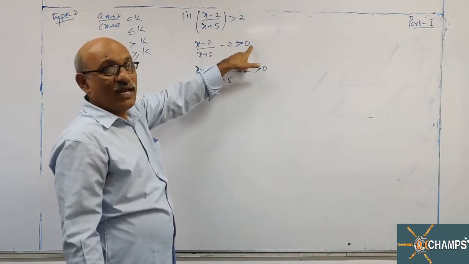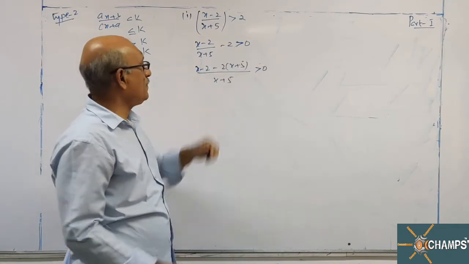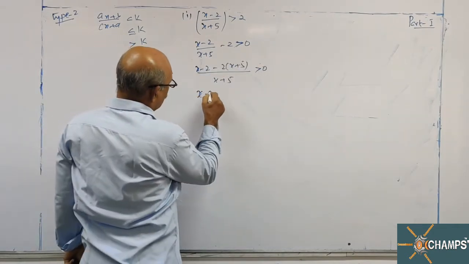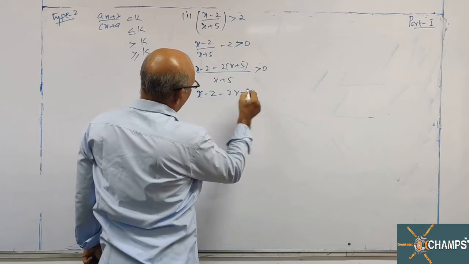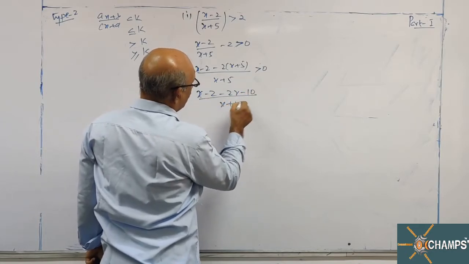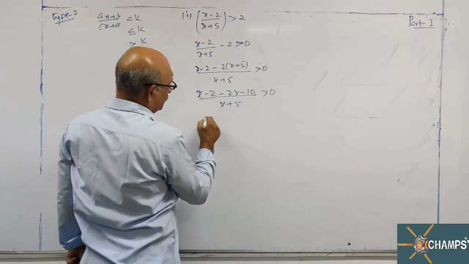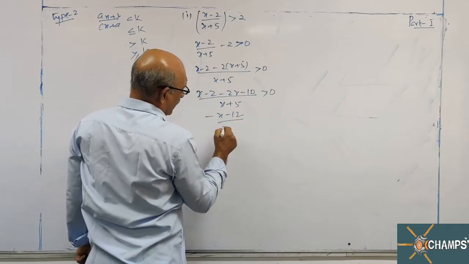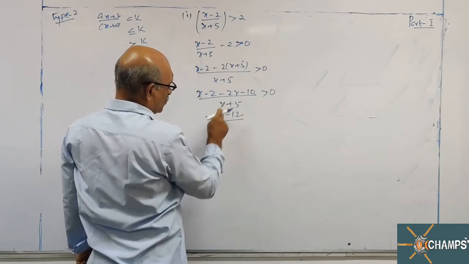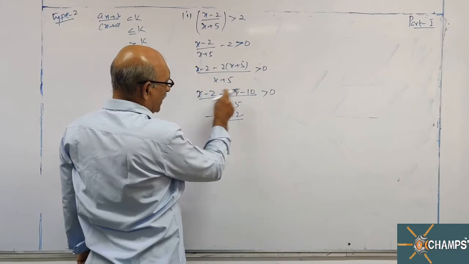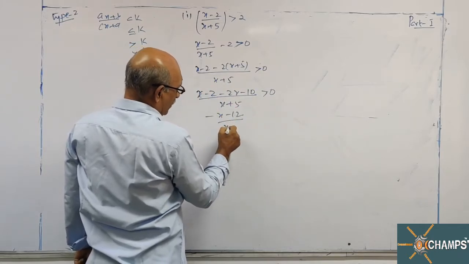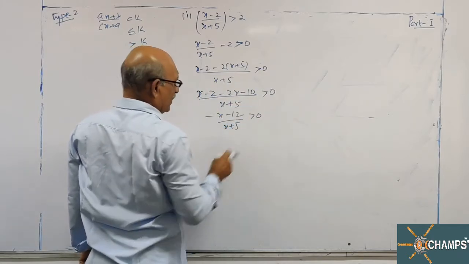so that the right hand side value is 0. Now look at this, x minus 2 minus 2x minus 10 divided by x plus 5 greater than 0. Minus x minus 12: x minus 2x is minus x, minus 2 minus 10 is minus 12, by x plus 5 greater than 0.